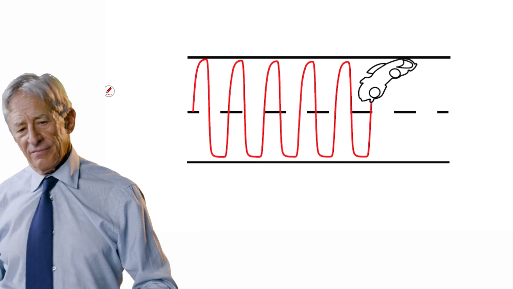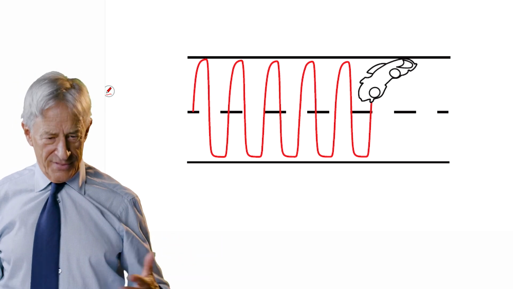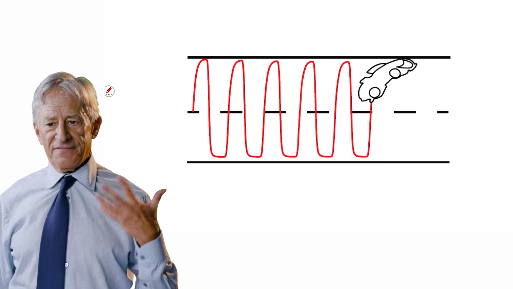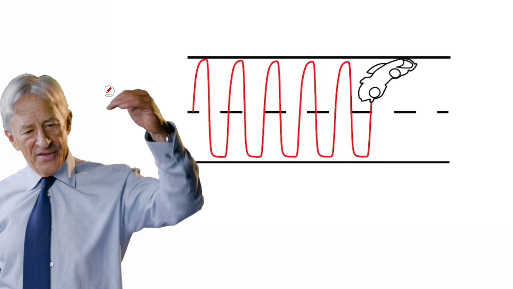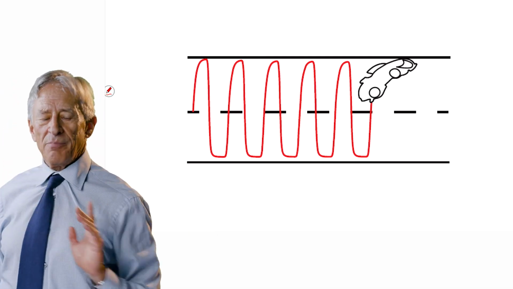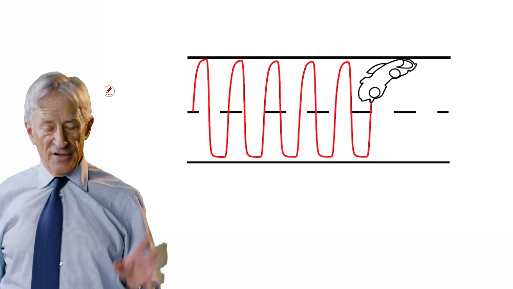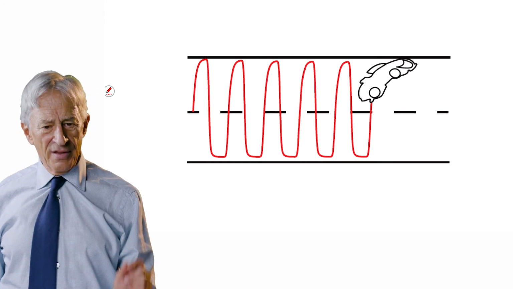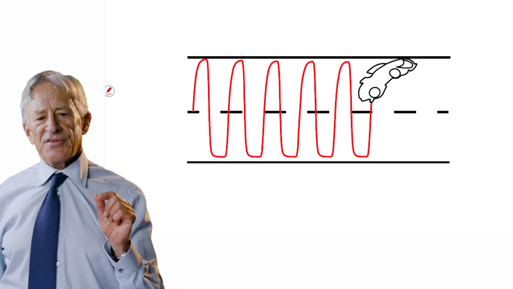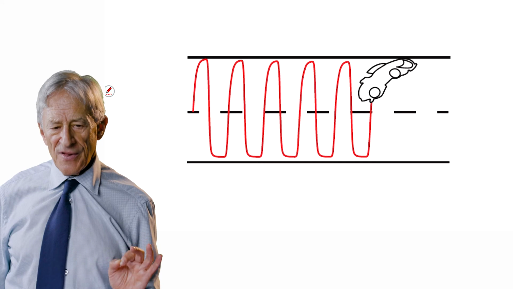Driver corrects right. Passes the center line, and the parent takes a long time to get that feedback back to them. By this time, they're way past the center line, and they have to start correcting backward. So the introduction of time delays in a negative feedback system also produces oscillations.